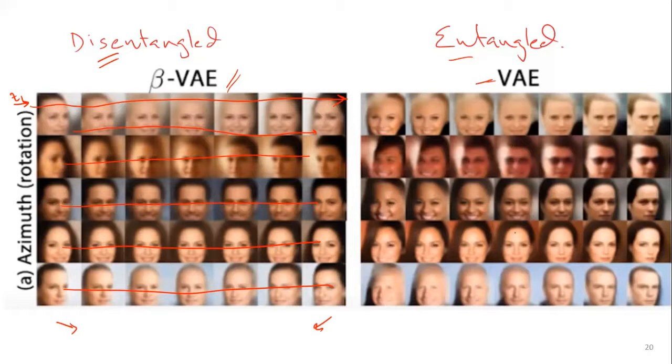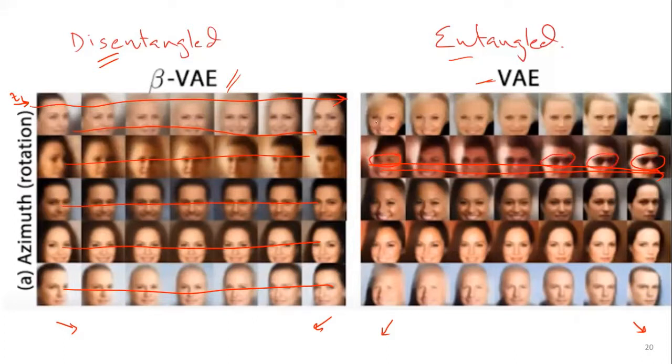Now, we try to do the same thing over here in the entangled version, but look at what happens. What do you notice? Yes, the people's faces are changing direction, but what else is changing? Can you notice something? Yes, this person didn't have glasses, and then all of a sudden the glasses are also coming in.